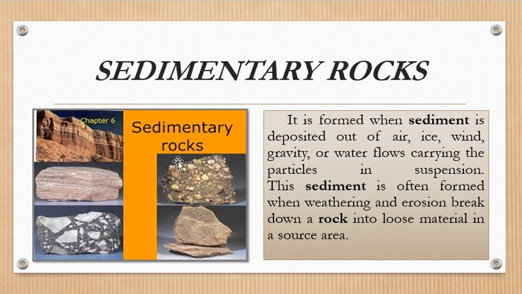Now, sedimentary rocks, from the word sediments, are formed when sediment, which can be gravel, sand, silt, or bio or organic materials, or small particles, is deposited out of air, ice, wind, gravity, or water flows carrying the particles in suspension.